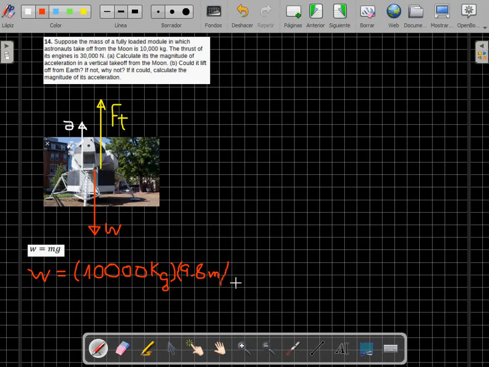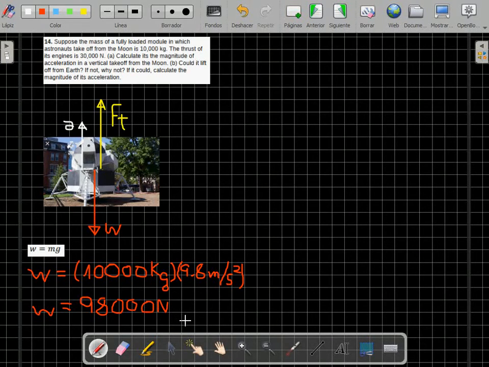Once we multiply that, we will have the value of the weight. The weight is equal to 98,000 newtons. Don't forget that kilograms times meters per squared seconds is equal to newtons. There we have it, newtons.